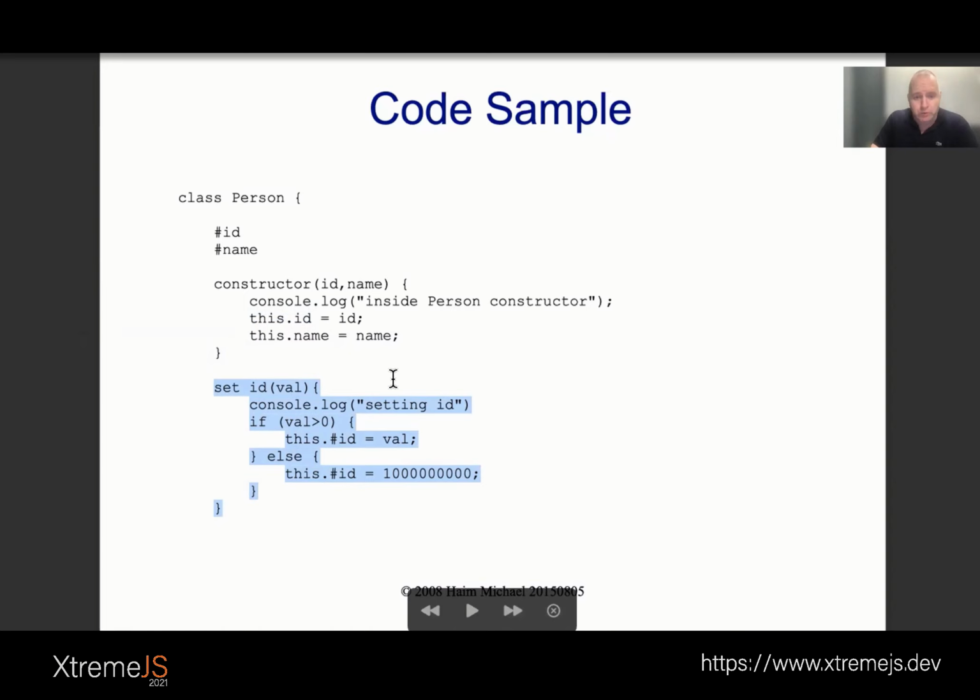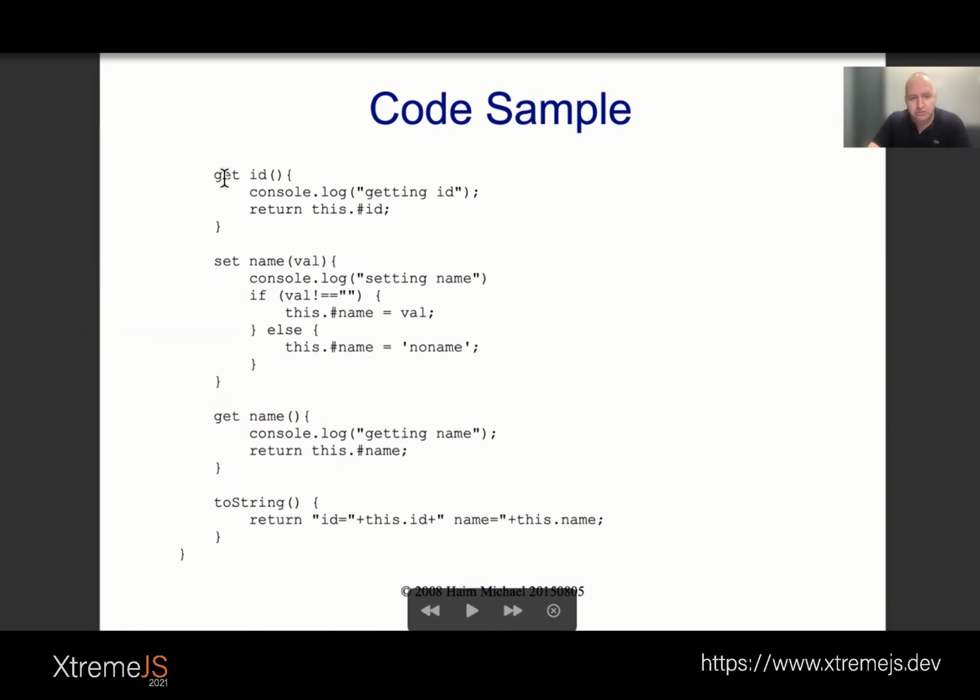And when you try to get the value of ID, it is actually an invocation of this function that returns the value of that specific private variable that was defined in the class.